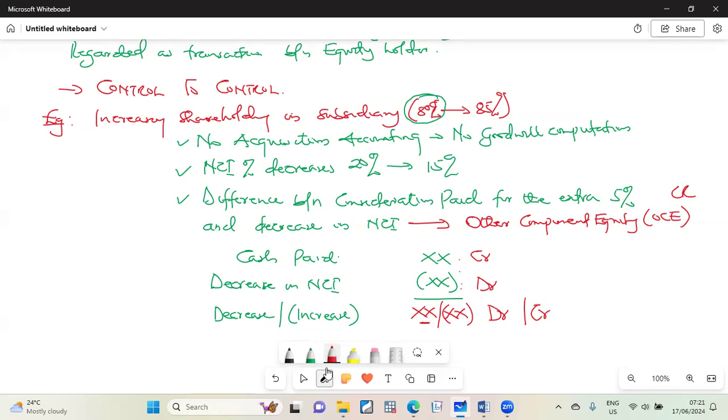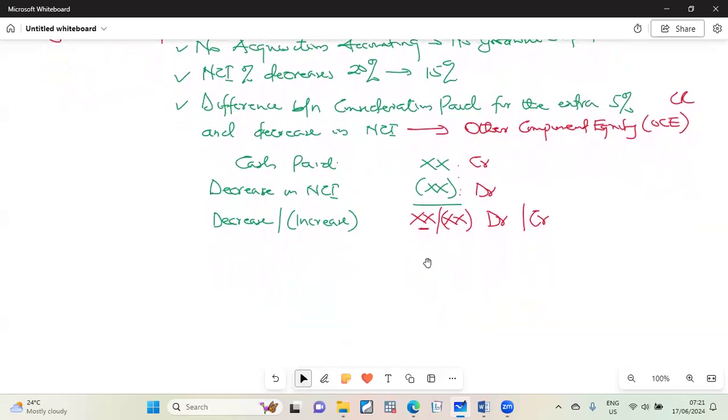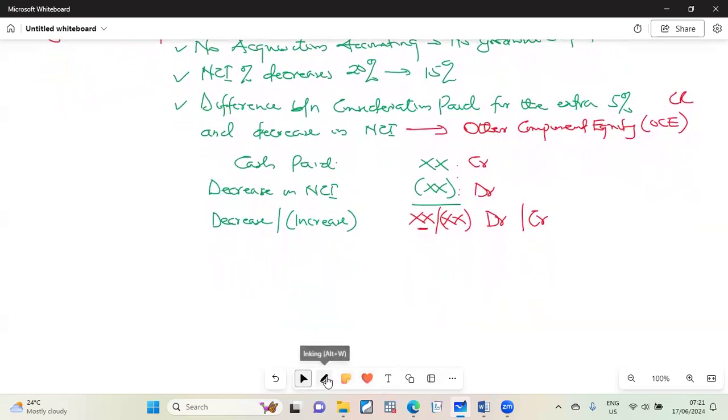But this is not a big problem. The bigger problem that you should have is how to find this figure here, the decrease in NCI. Because as for the cash, it is the cash. But how do you find the decrease in NCI?